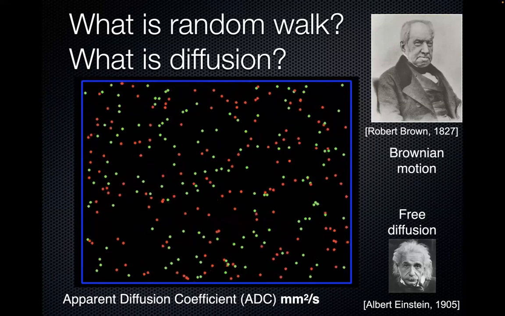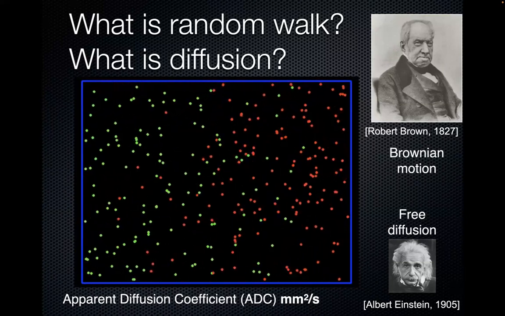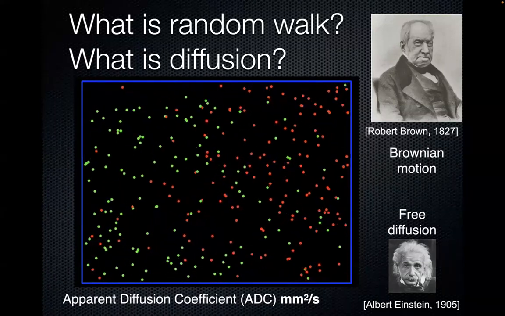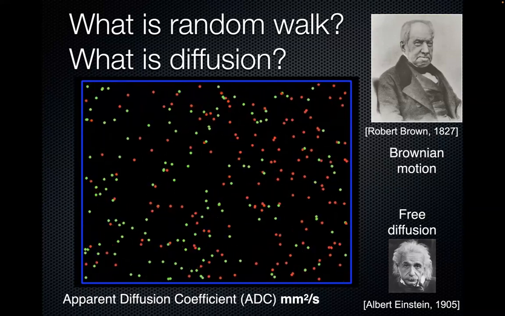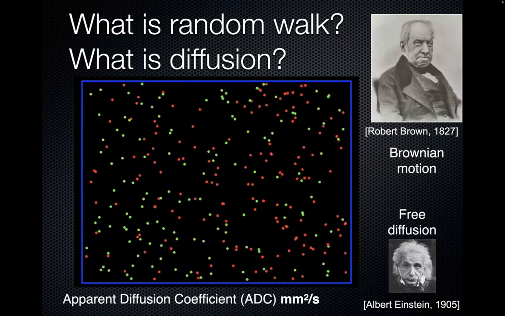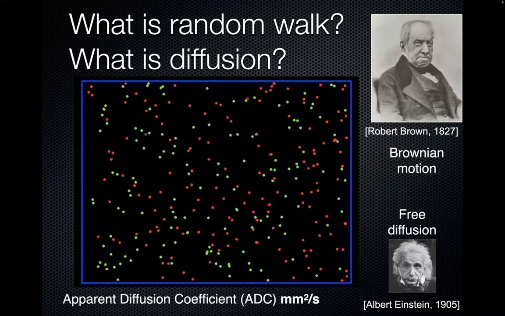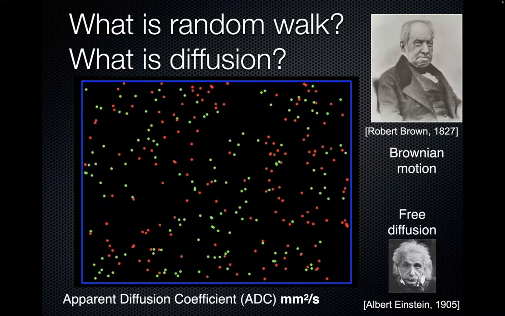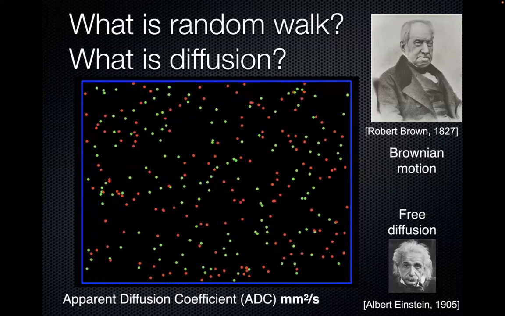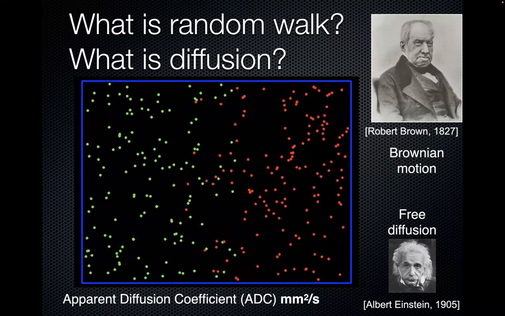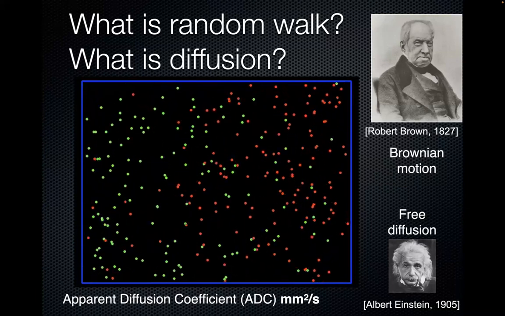So if they're in blood, if they're in water, if they're in bone, if they're in a piece of steak or white matter, that speed is going to be different. And the key word here is the apparent part. Okay, this diffusion coefficient will be different depending on the medium. And actually, if you go to Wikipedia and you type apparent diffusion coefficient, you'll have a whole table of what is the ground truth apparent diffusion coefficient of aqueous water.